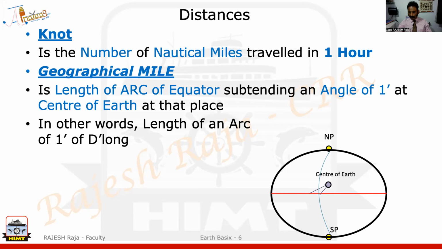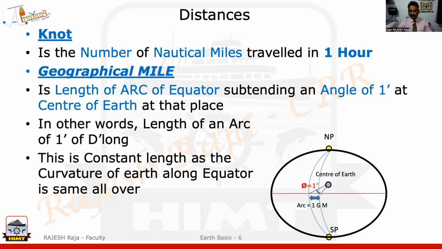You'll have one more point, and I will have a meridian for that also. And the angle subtended at the center of the Earth is 1 minute of d long. So theta is 1 minute, and this is the arc. This arc is called one geographical mile.